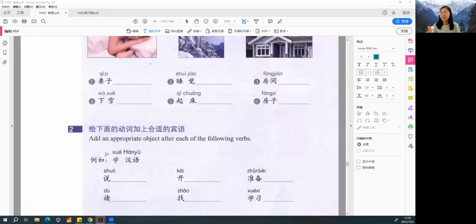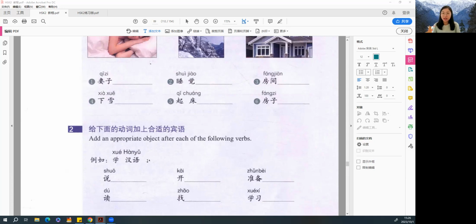Alright, add an appropriate object. We know this exercise very well already, right? So 学汉语. They always use 学汉语 as the example. That's very fun. So let's learn 汉语.